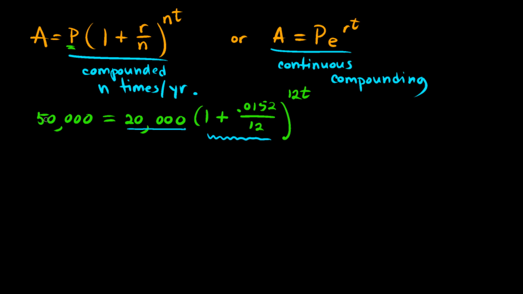So if we divide both sides by 20,000 to get rid of it on the right side, it would be 5/2 or 2.5. So 2.5 equals. Now I'm just going to find out what this equals. So if we take 0.0152 and divide it by 12 and then add 1 to it, you get approximately 1.00127.